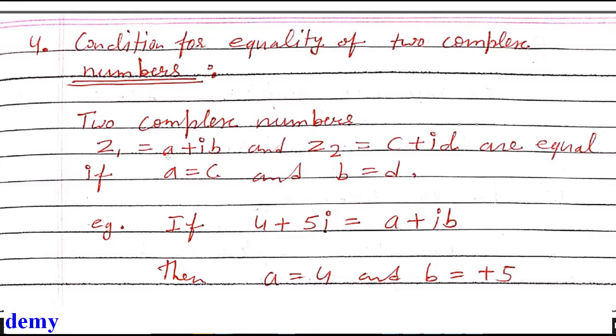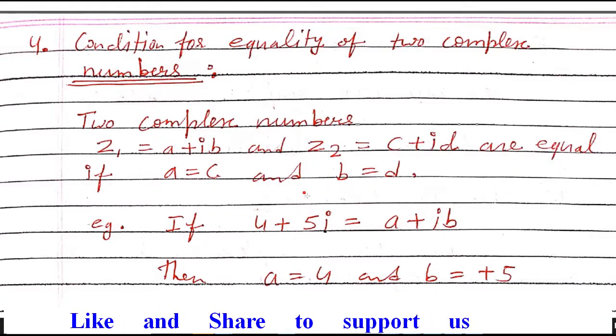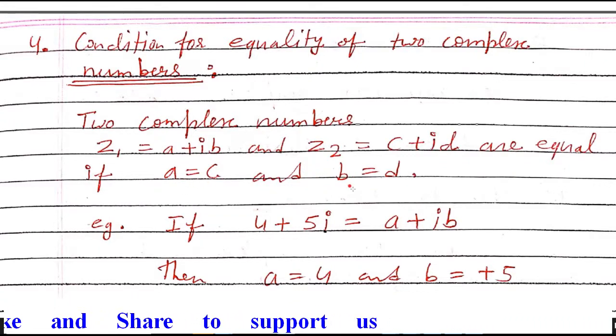So what is the real part here? In Z1 the real part is A and in Z2 the real part is C. So the real part is the same as the real part and the imaginary part is the same as the imaginary part, that is B is the same as D. In that situation we can say that the two complex numbers are equal.